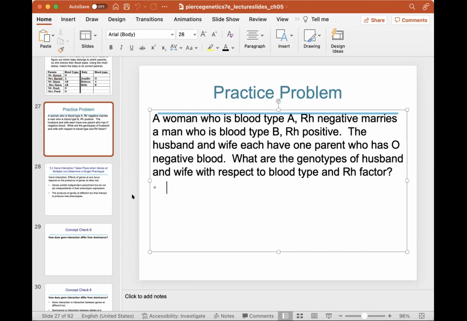The first thing that I would do is try and find the blood types of the woman and the man. And so the woman we know is A, so she has to have at least one A allele, and then we're just gonna ignore the second one for a second. And then she's RH negative. Can anyone tell me her genotype?